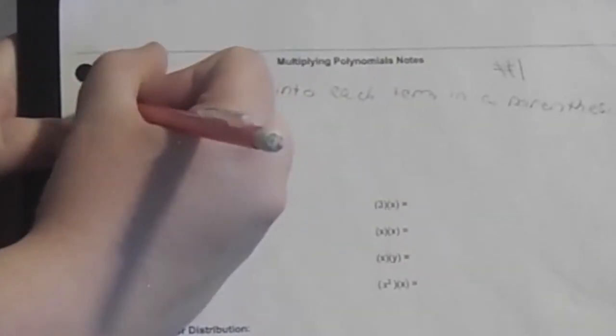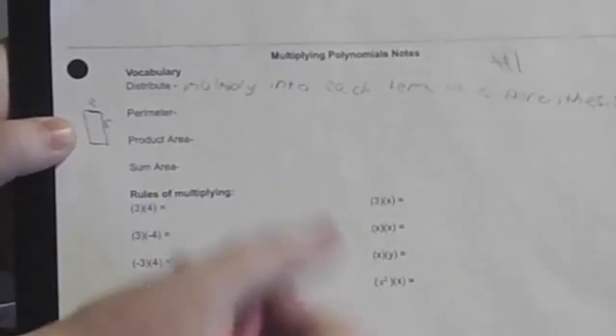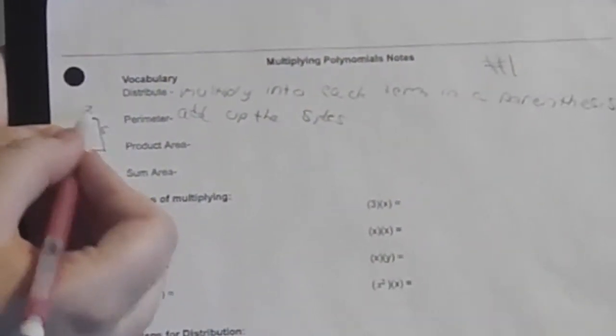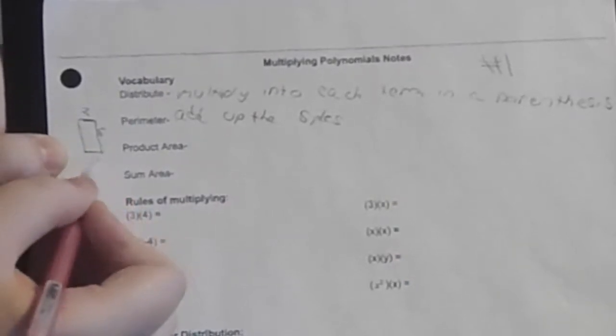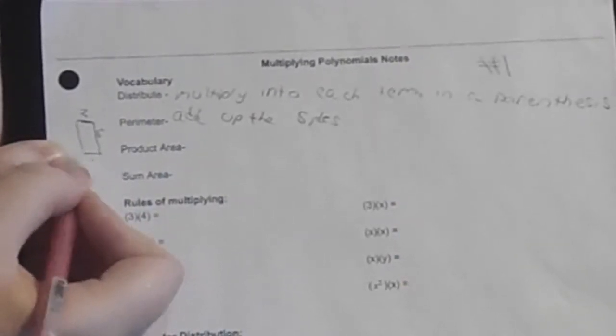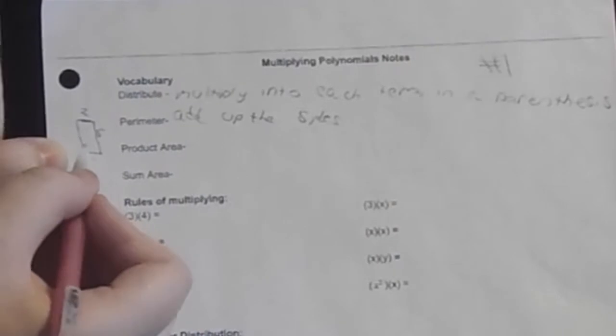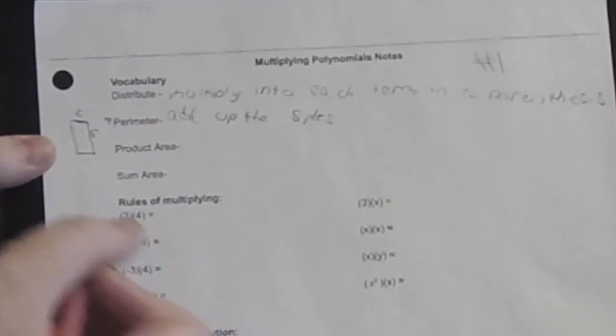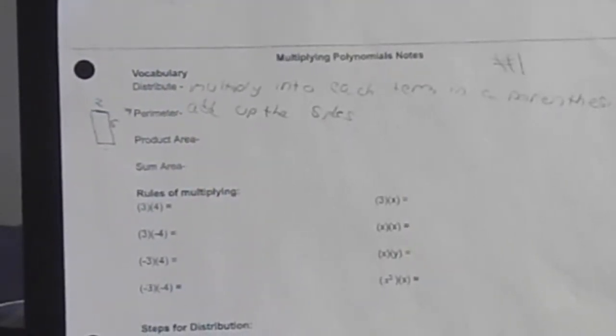So let's say this is 2 feet and this is 5 feet. Your perimeter is when you add up the sides. Right? So if I were to add it up, 2 plus 5 is 7, but down here is 2 more, so that's 9, and over here is 5 more, so that's 14. So our perimeter for this one would be 14. And I'm just going to write it kind of small right there to help you remember.